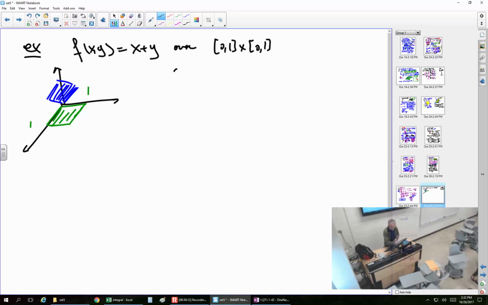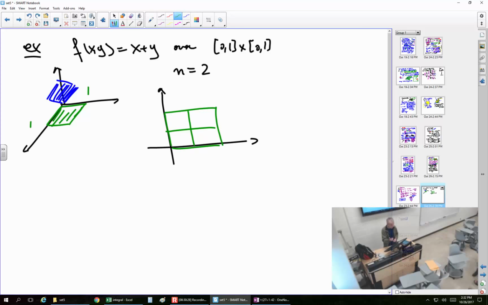Okay, so I pick n is equal to 2, which makes 4 intervals, or 4 rectangles. So I cut this one into 2 and 2, like this. The other responsibility of mine is to pick the endpoints, so this is already done.